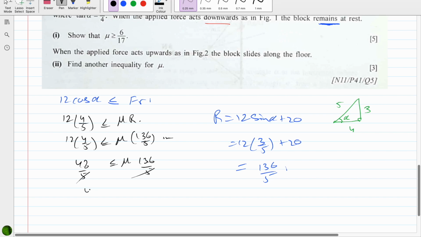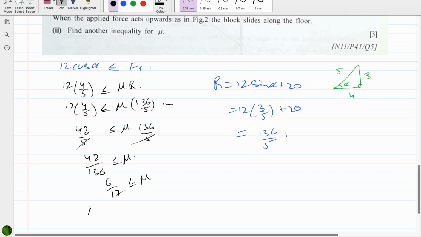We get rid of the 5s. 48 by 136 is less than or equal to mu, and 48 by 136 is 6 by 17. So 6 by 17 is less than or equal to mu, or we say mu is greater than or equal to 6 by 17. Any confusion in the first part?